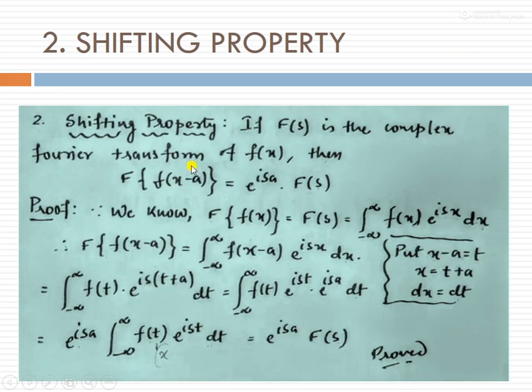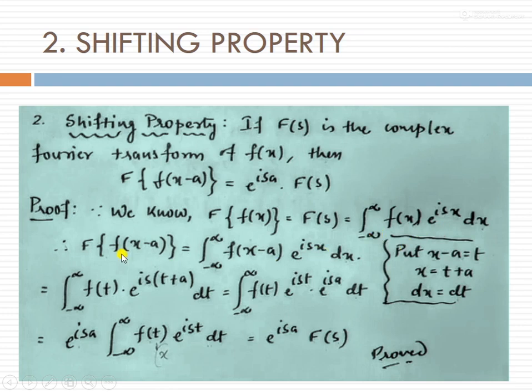Now we move to another property, the shifting property. If F(s) is the complex Fourier transform of f(x), then the shifting property can be written as the Fourier transform of f(x minus a) equal to e^(isa) times F(s). So we know that the Fourier transform of f(x) can be written as F(s), the integral from minus infinity to plus infinity of f(x) e^(isx) dx.